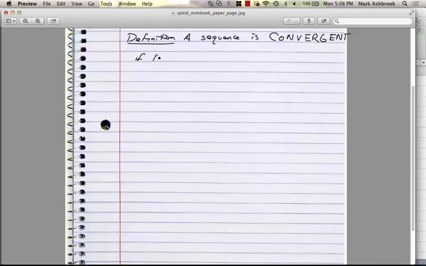If the limit as n gets really large of a of n exists, or in other words, the limit equals some value called L. If that's not the case, if the limit does not exist, you don't get an actual real value for the limit, then this sequence is called divergent.